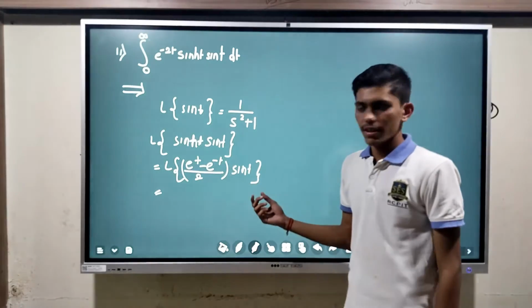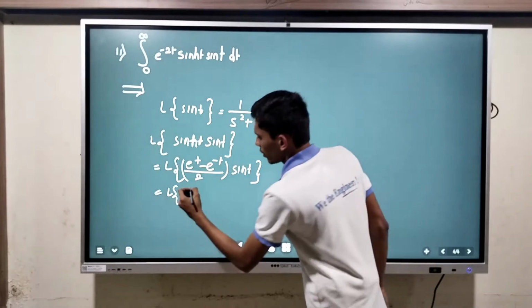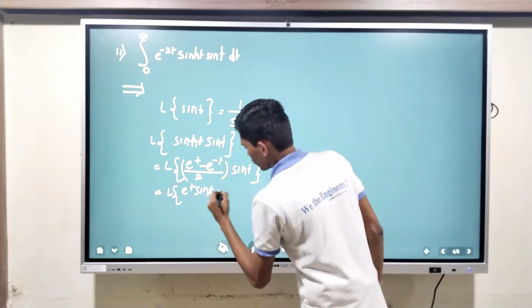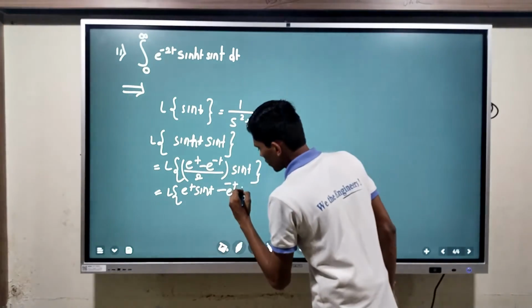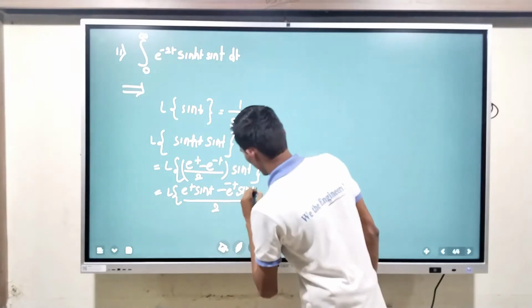Now put sine of t in the bracket: e raised to t sine of t minus e raised to minus t sine of t, divided by 2.